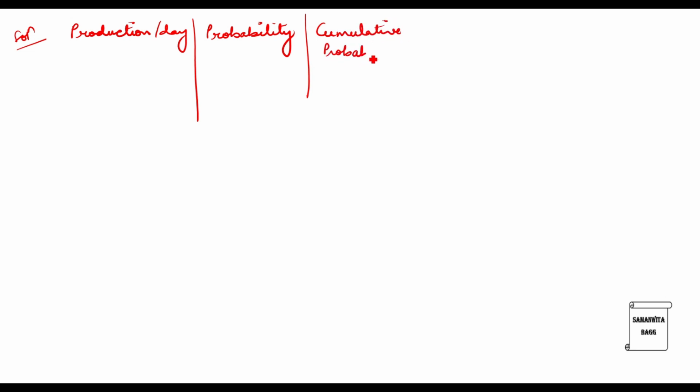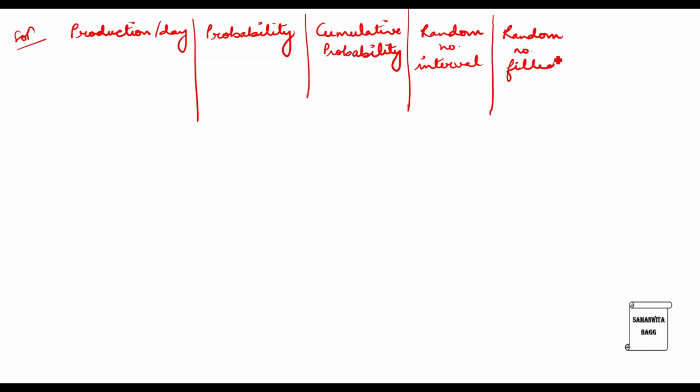From that you have to calculate this value. And then we will talk about the random number interval. And then the random number fitted, where it is going to fit.